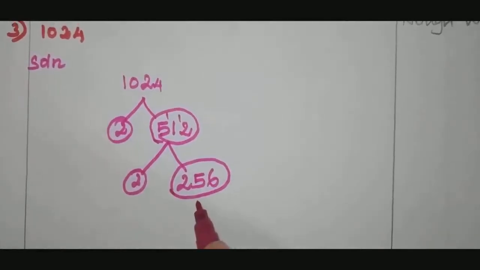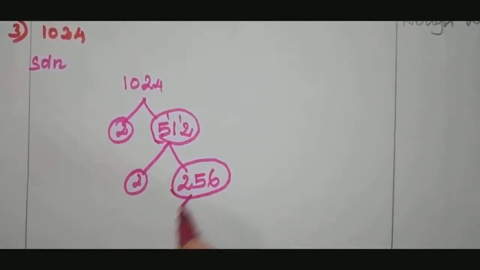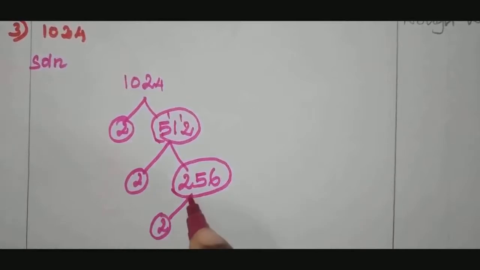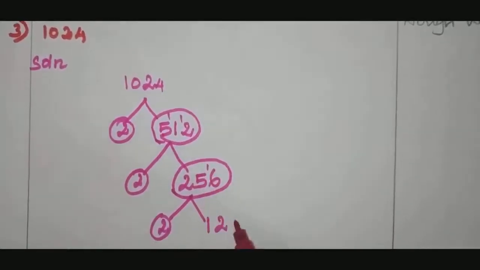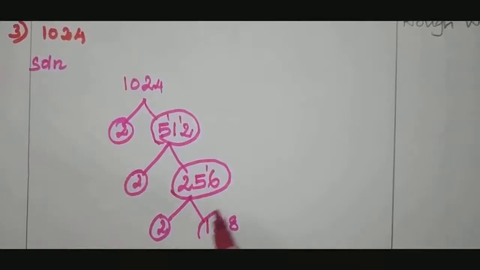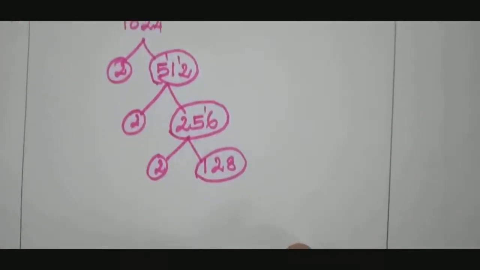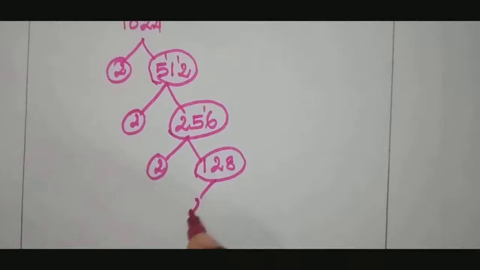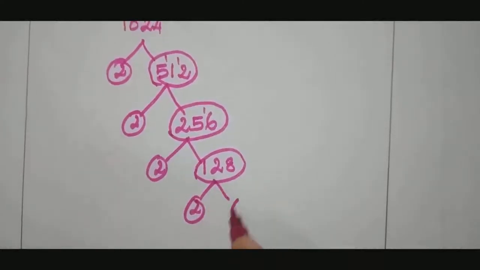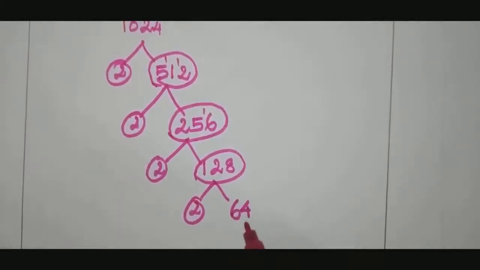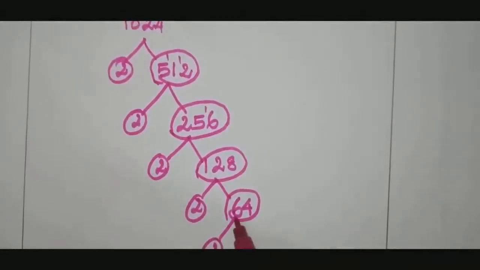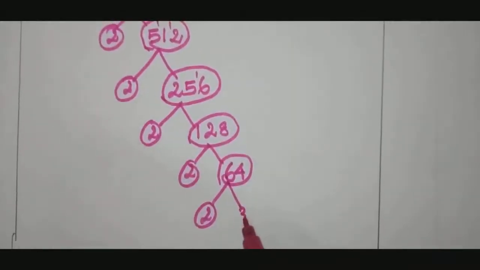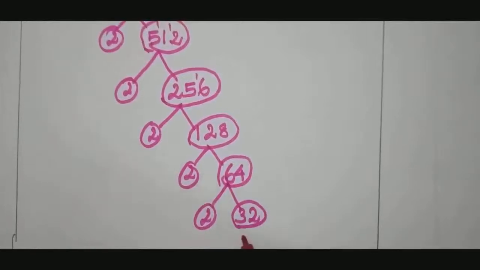Shall we divide this one with 2 tables? Yes. 2. 1 2 is 2. 2 2s are 4, remaining 1. 8 2s are 16. 2. 6 2s are 12, 4 2s are 8. Again 2. 3 2s are 6, 2 2s are 4.